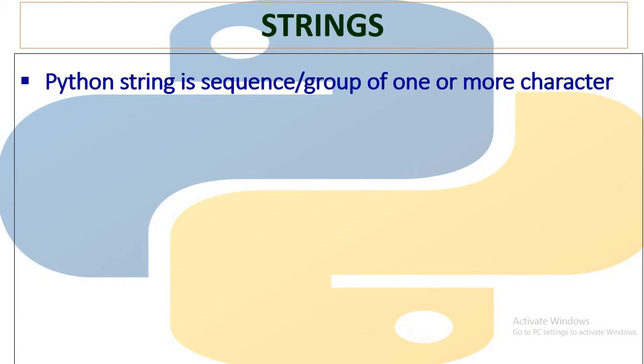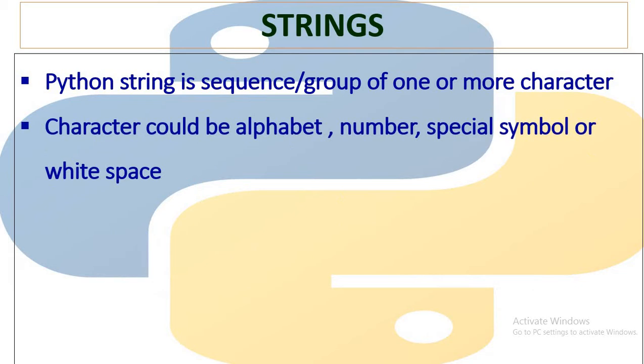The Python string data type is a sequence made up of one or more individual characters, where these characters can be letters, digits, white space or any other symbol.